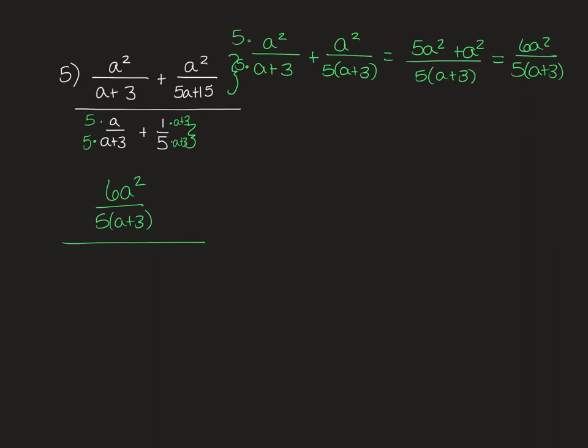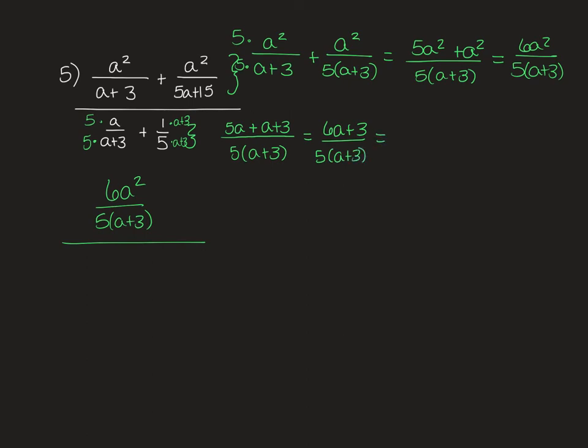Okay, so what I will get is 5a plus 1 times a plus 3, which is just a plus 3, over 5 times a plus 3. So simplify this, you can get 6a plus 3 over 5 times a plus 3.